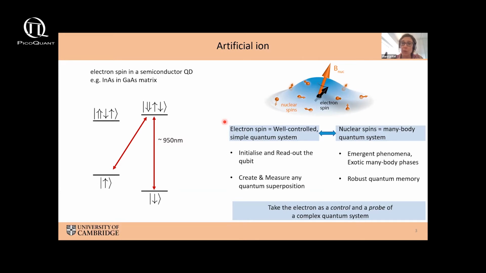The main thing it would couple to was the electron spin, such that you could actually use this system to study emergent phenomena, exotic phase transitions, and also use these nuclear spins as a robust collective memory to store the electron spin state. And so much of the talk today will be dealing with how we can use this electron spin to control and probe this more complex quantum system of nuclear spins.